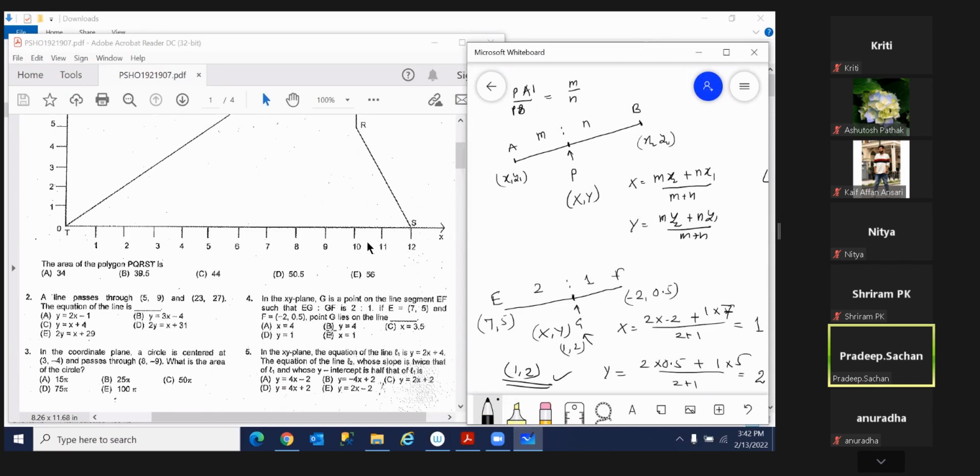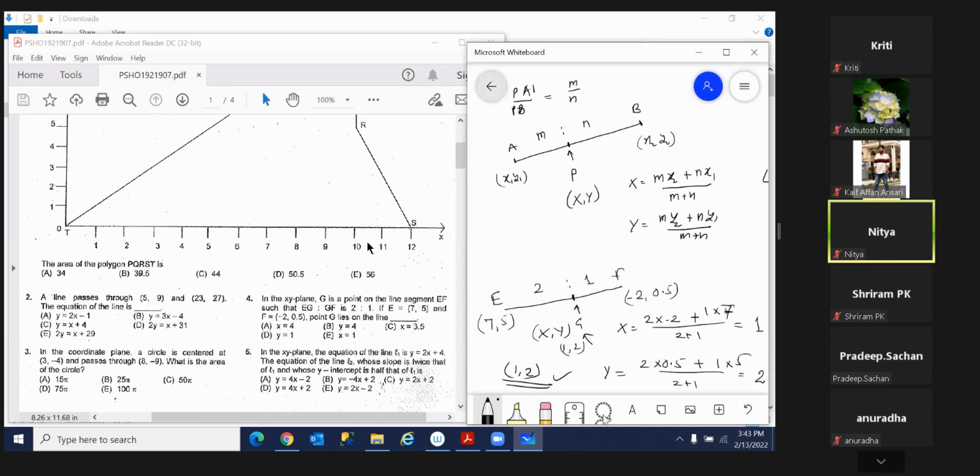Y equal to 1, not satisfying. X equal to 1: my x is also 1 and the line is x equal to 1, so we will say satisfying. So it is satisfying option E. Clear? Yes, sir, got it.